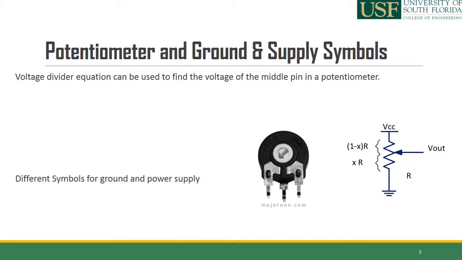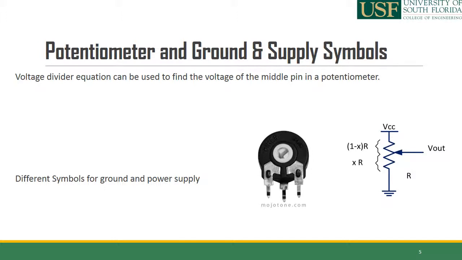A potentiometer is practically a variable resistor, as shown in the diagram at the right side of the slide, in which we have a constant resistance between the two end pins of the device, and the middle pin works as a sliding pin, which can move from one end to the other end of the resistor.